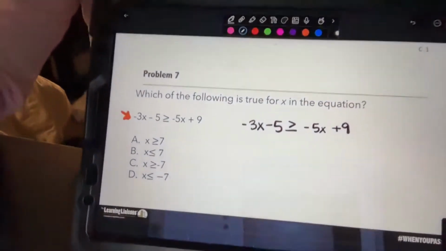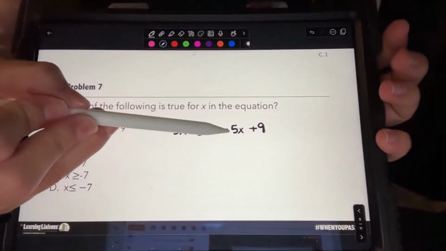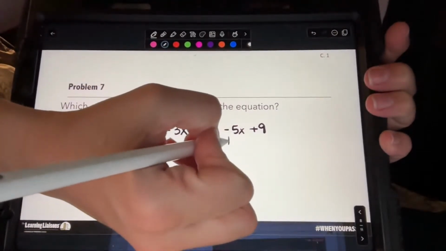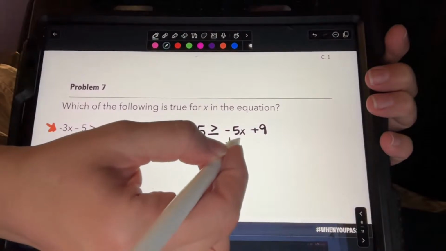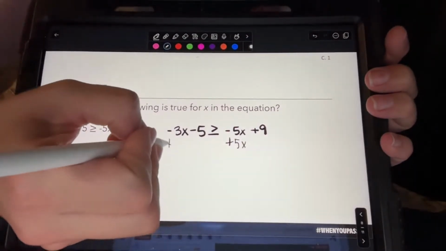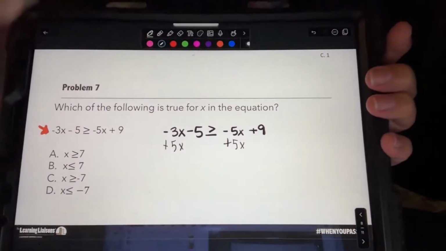Negative 3x minus 5 is greater than or equal to negative 5x plus 9. All right. So I am going to go ahead and add 5x to both sides. Whatever I do to one side, I have to do to the other. So if I add 5x to this side, and then I add 5x to this side, then I can go ahead and solve it.